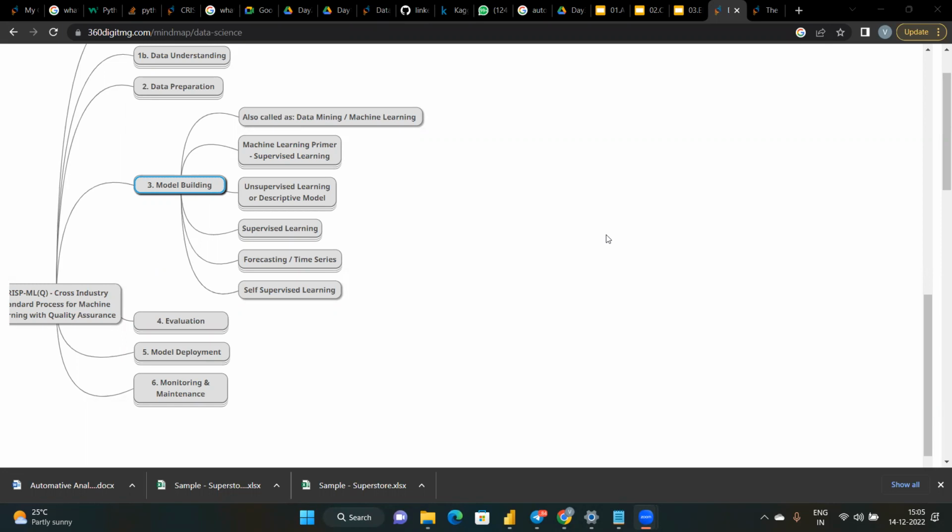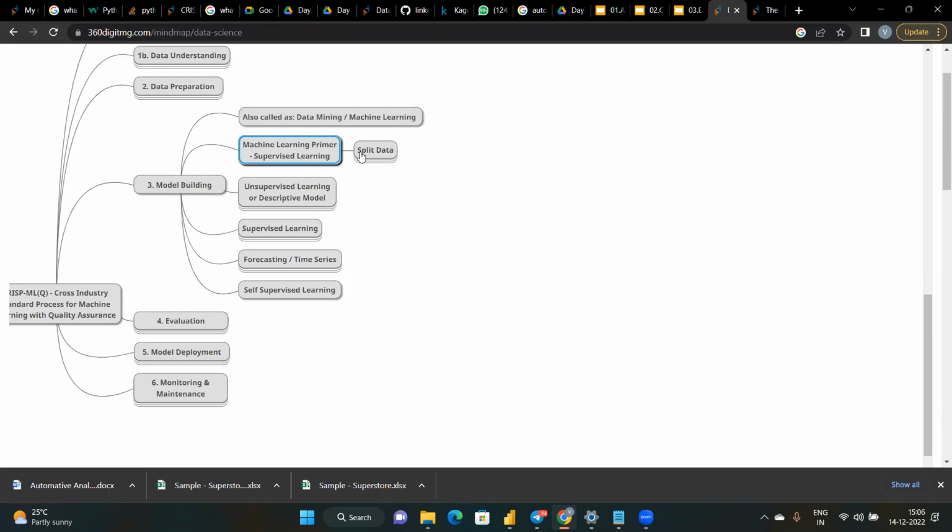Whenever I say machine learning, you should always think about what type of machine learning it is. Let me explain what is meant by machine learning.